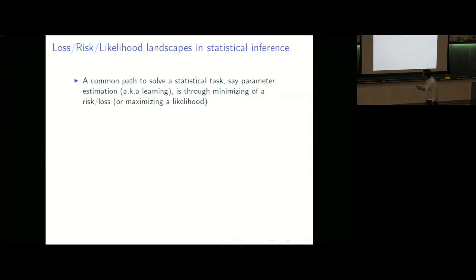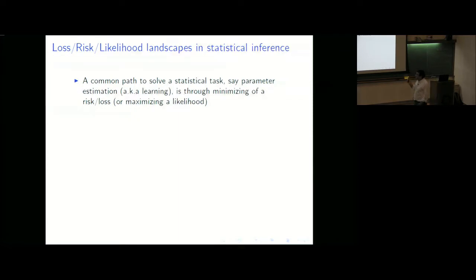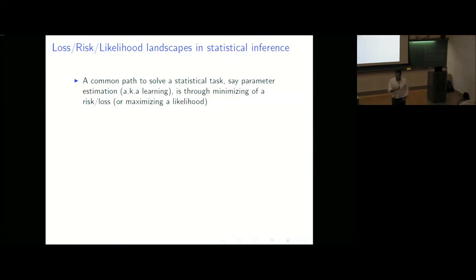Okay, so just a few words on the landscapes I'm mentioning. Of course, we all know, these first slides are very easy. We all know that a common path to solve a statistical task, and this will be what I'll be concentrating on here, in statistics, one of the tasks is, of course, parameter estimation, which is the same thing as learning, is through minimizing a risk or a loss or maximizing a likelihood.